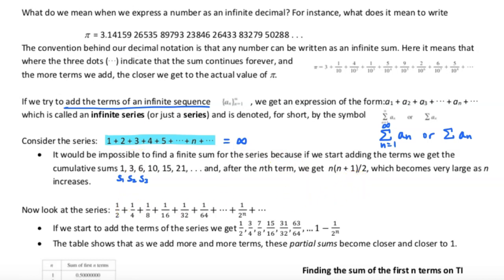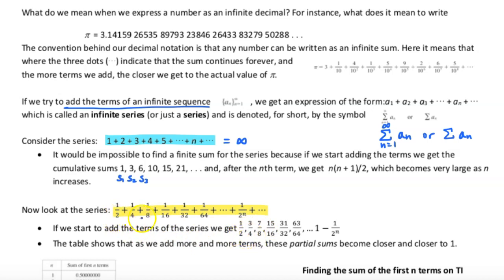Now let's look at this other series. In this other series, I have 1/2 plus 1/4 plus 1/8 plus 1/16. I can see what's happening to the denominator: I'm just multiplying the denominator by 2. And so this means that if I start adding the terms together in the series, S1 is going to be just 1/2.